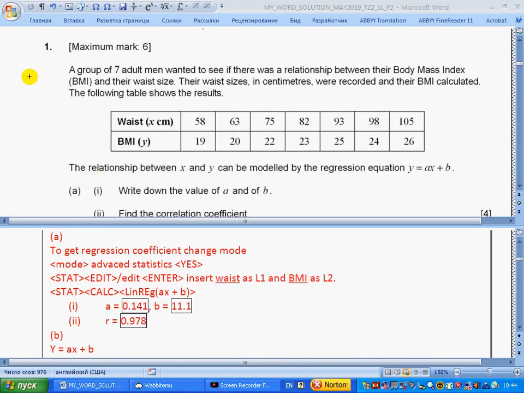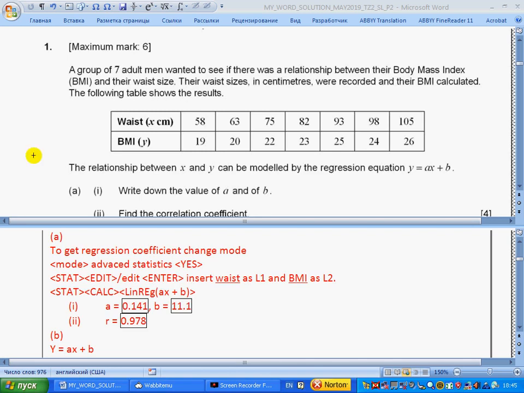A group of 7 adult men wanted to see if there was a relation between their body mass index, BMI, and their waist size. Their waist sizes in centimeters were recorded and their BMI calculated.